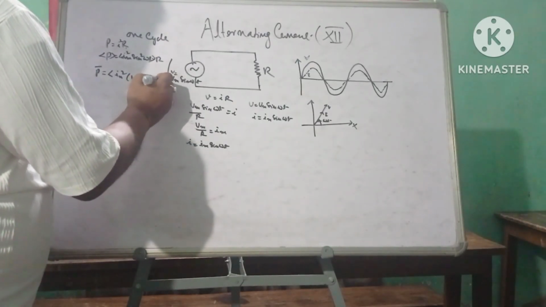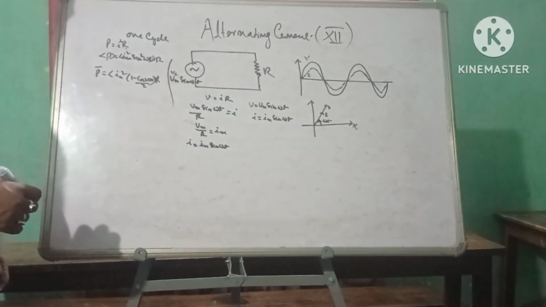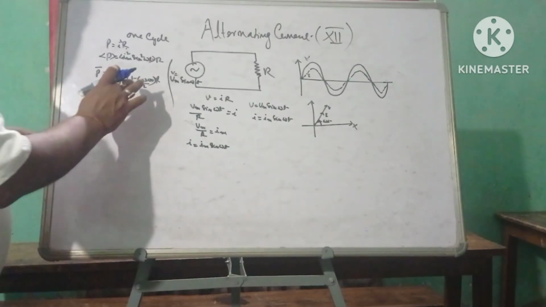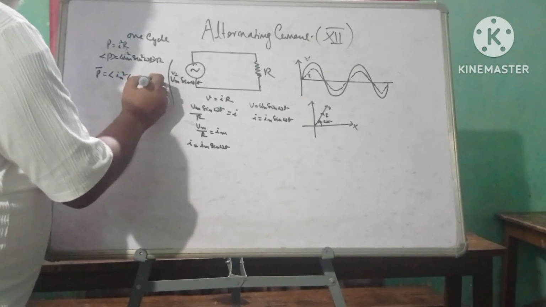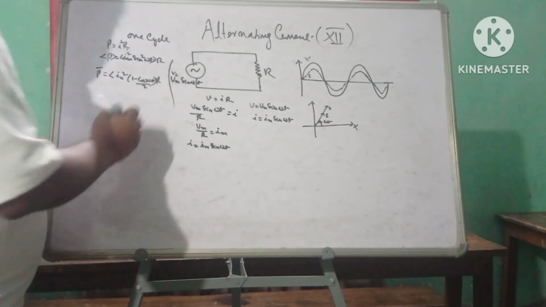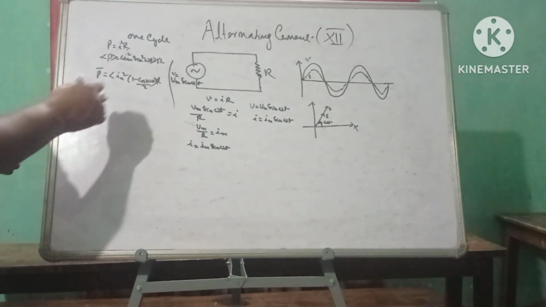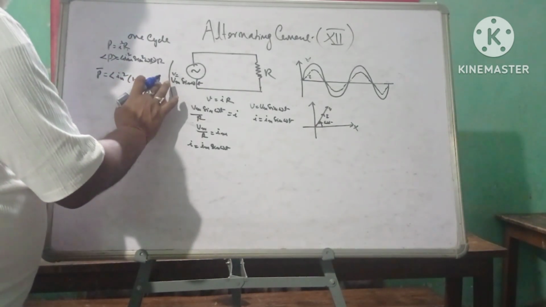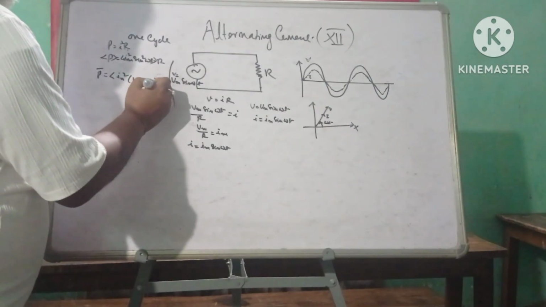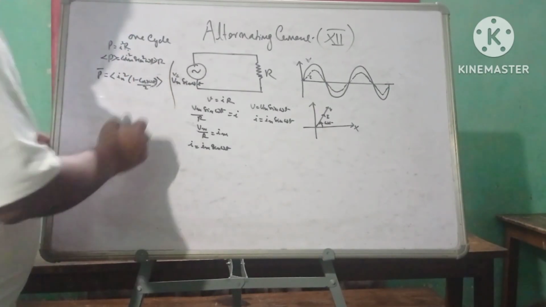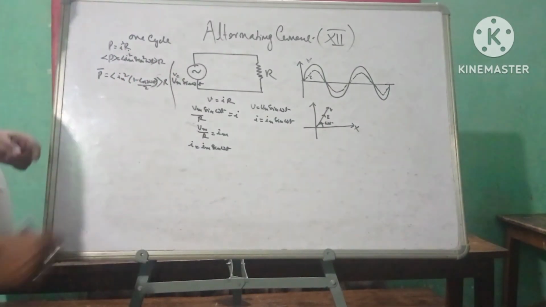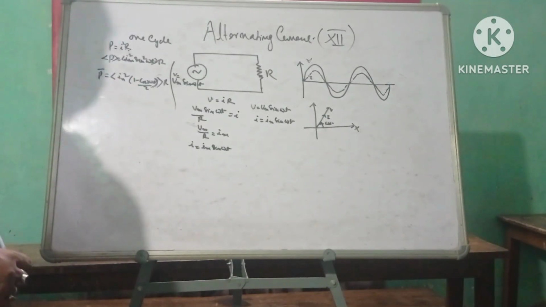So omega t, this is 1 minus 2 cos omega t by 2. Here you will find that the average of this 2 cos omega t will be 0.